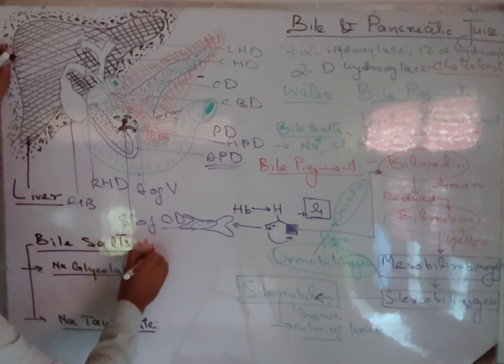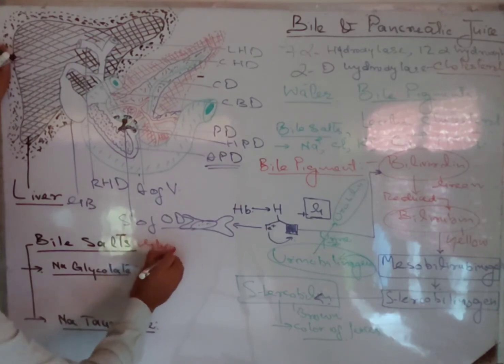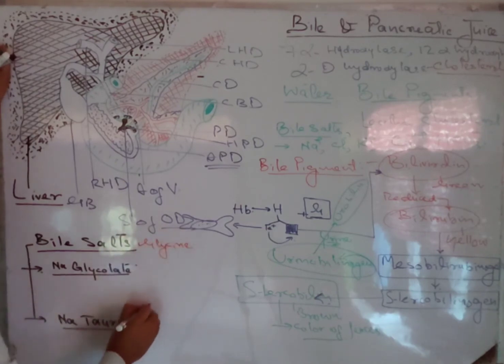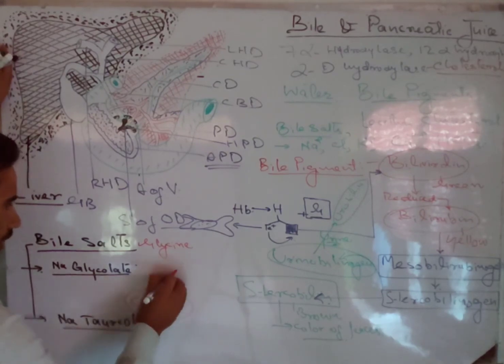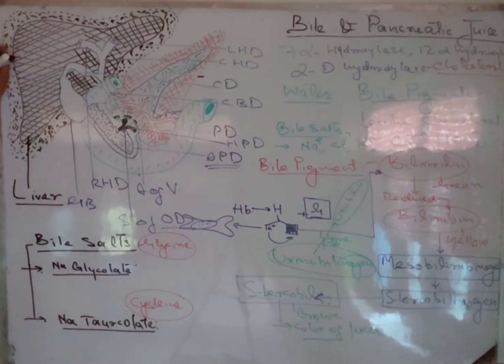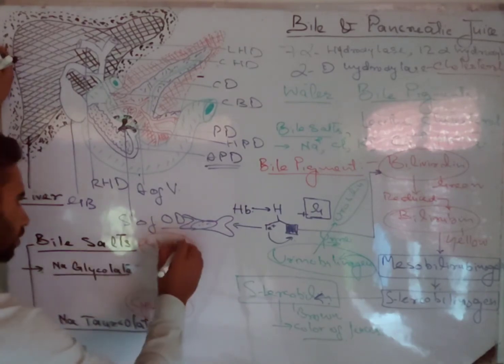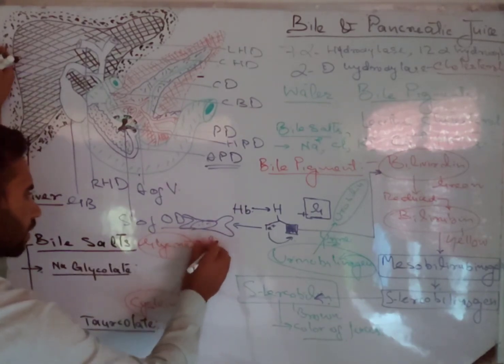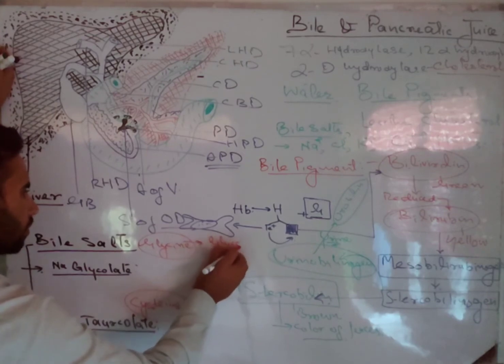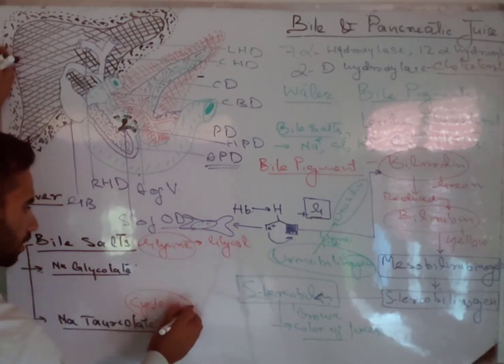One important amino acid is glycine and another important amino acid is cysteine. All of you know these two. Then this glycine is converted into its another form, that is glycol, and cysteine is converted into taurine.